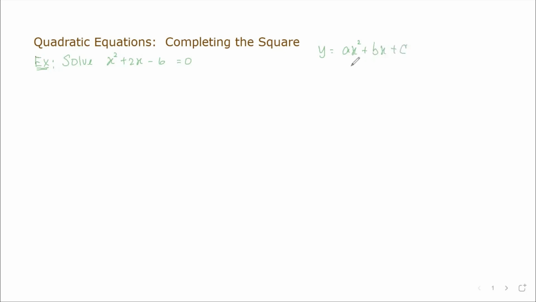When we complete the square, we always use this formula: get the b here, so take b divided by 2 and the whole thing to the power 2. Okay, we will add this number and subtract the same number. So take a look at the example here.